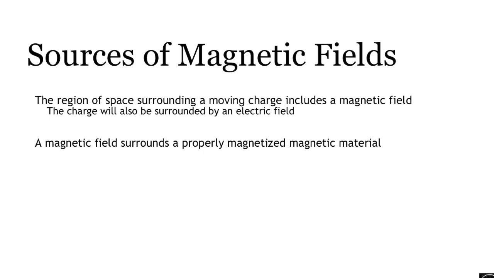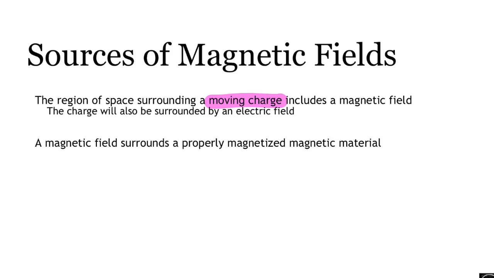But actually we have another source of magnetic field, where the magnetic field exists in the space, or within the region of space surrounding a moving charge. The most important thing here is the moving charge, which produces a magnetic field.